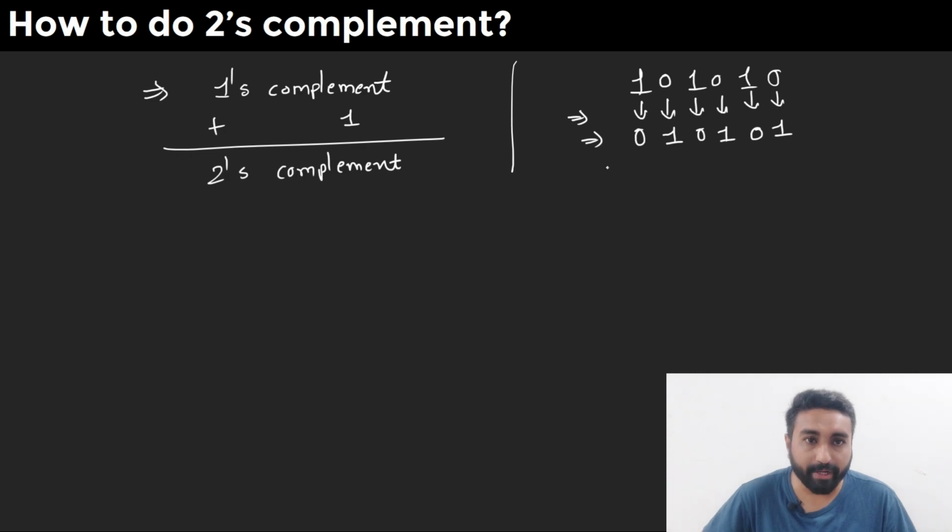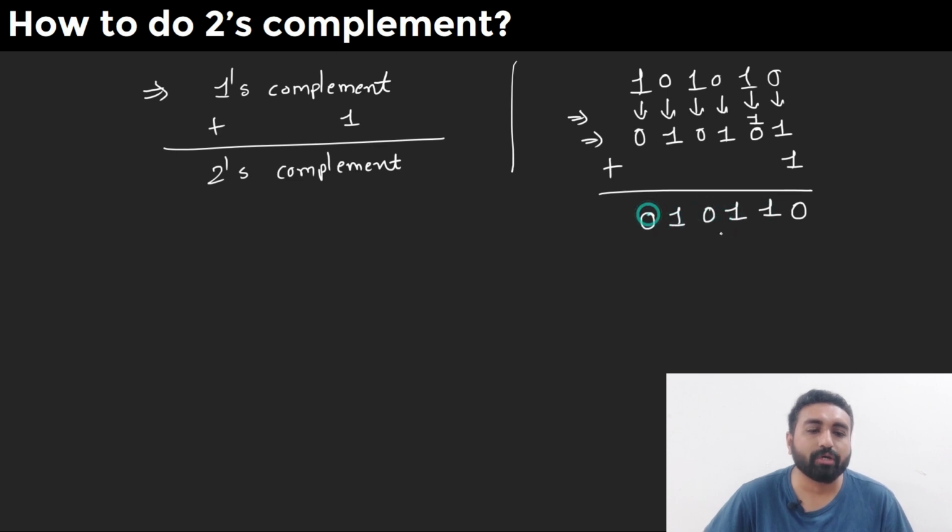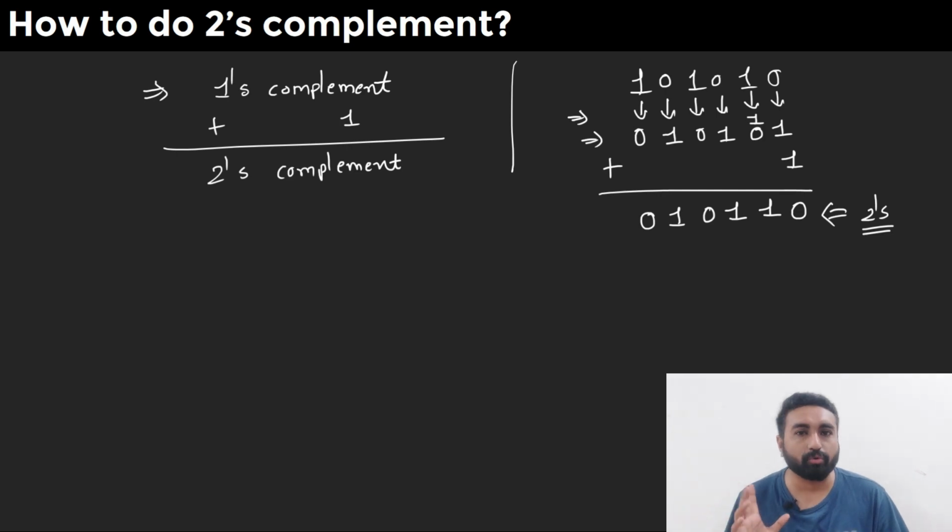Into that we have to add 1. If we add 1 we will get the 2's complement. So 1 plus 1 is 0 and 1 is carry. Then 1 plus 0 is 1. Here again we get 010110. So this is your 2's complement. This is how you need to get the 2's complement: get the 1's complement first and add 1 to that, and that will be your 2's complement.